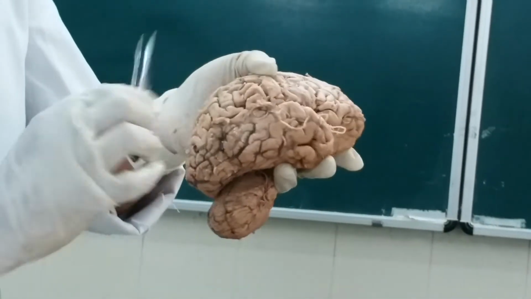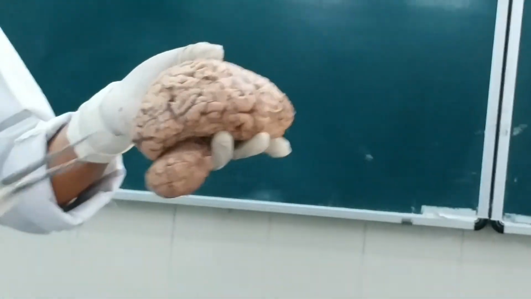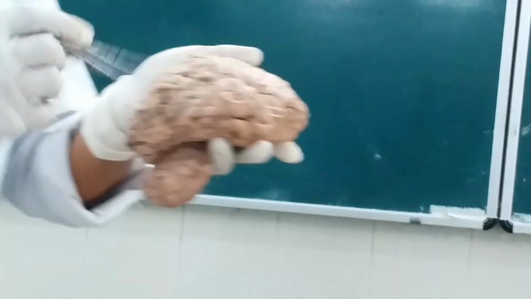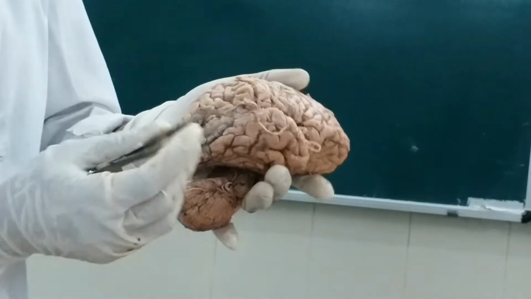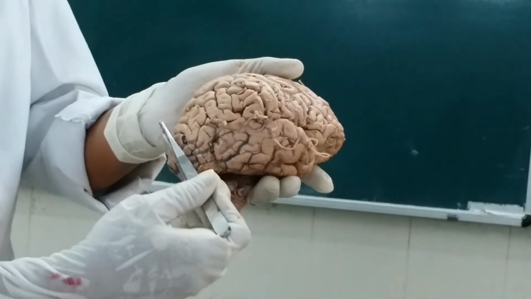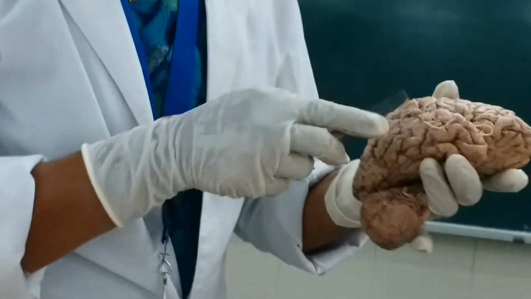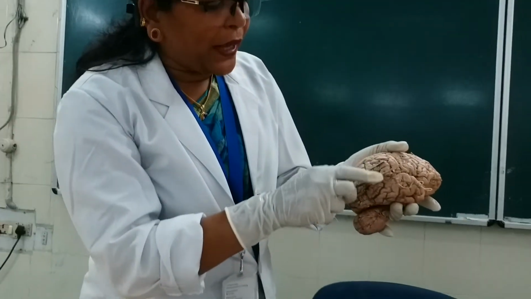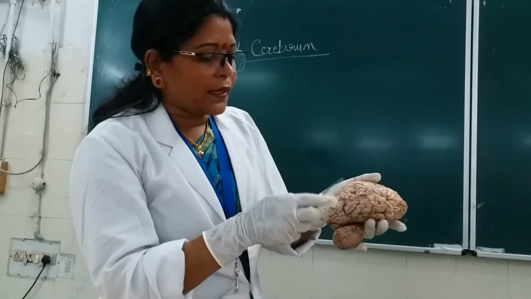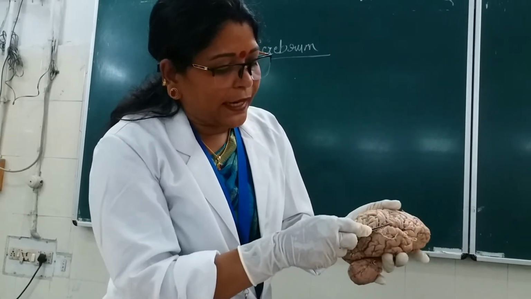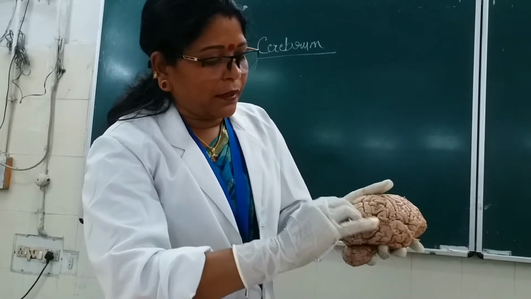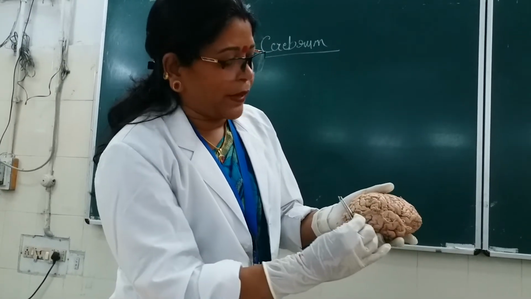So, these are the two imaginary lines on the superolateral surface which divide the parietal lobe from the temporal lobe, and the parietal lobe from the occipital lobe. Inferiorly, the parietal lobe is divided from the temporal lobe by the second imaginary line and from the occipital lobe by the first imaginary line.